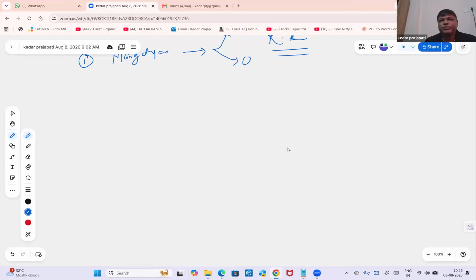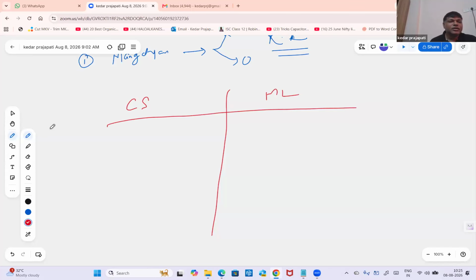Before going there, I just want to make sure how machine learning is different from traditional computer science. Can someone tell the difference?